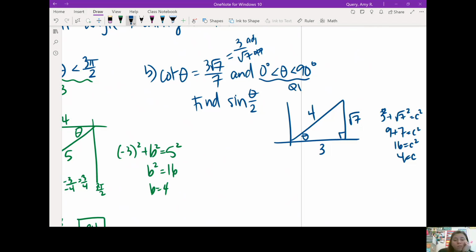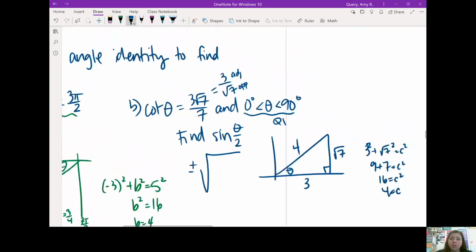So right now we have a triangle that's in quadrant 1, and we are going to find the sine of that angle cut in half. If we take any angle measure in quadrant 1 and cut it in half, it's still going to be in quadrant 1. And the reason that's important is because the sine half angle identity has a plus or minus in it.